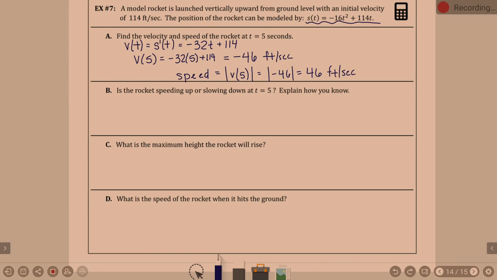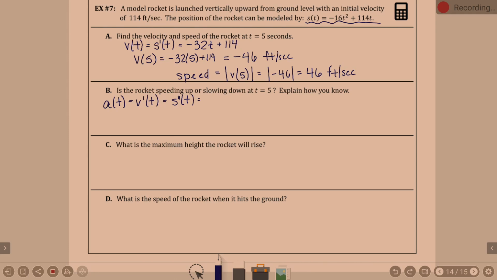Is the rocket speeding up or slowing down at t equals 5? What do we have to know to figure this out? Acceleration. Remember, acceleration is the derivative of velocity or the second derivative of position.